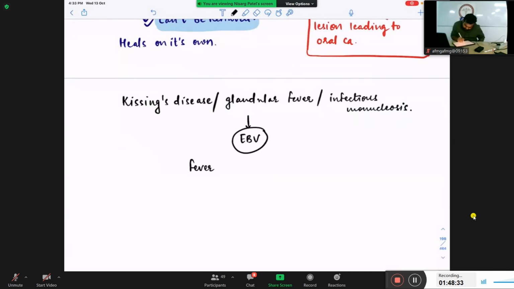The patient will have fever, pharyngitis, and posterior cervical lymphadenopathy.